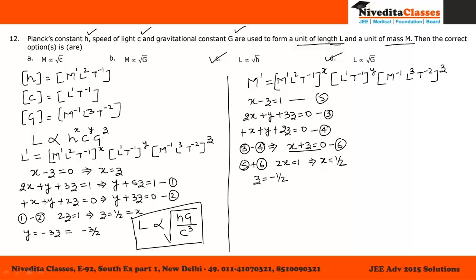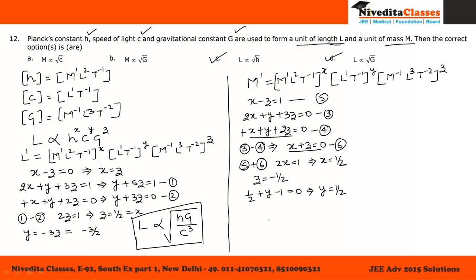Now putting the values of x and z in this equation, we will have half plus y minus 1 is equal to 0, which will result into y is equal to 1 by 2.